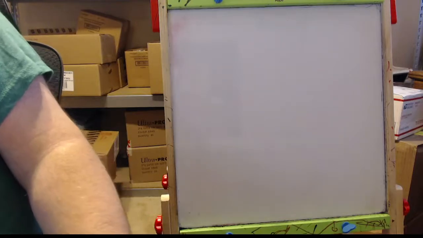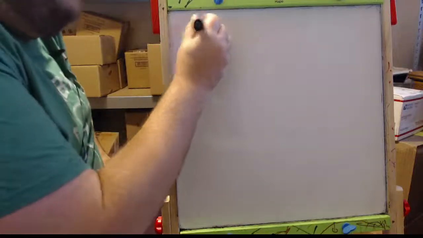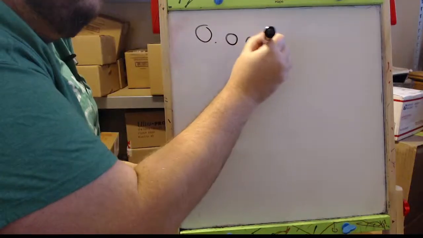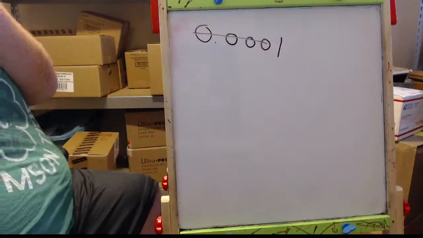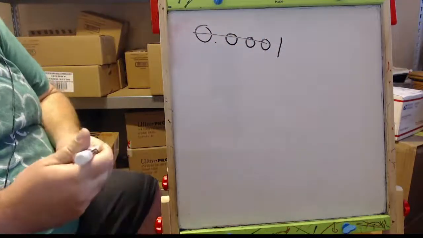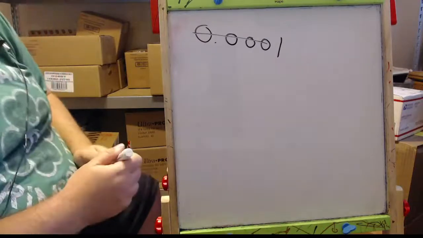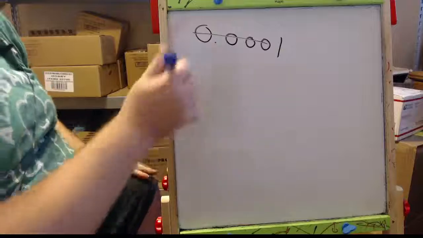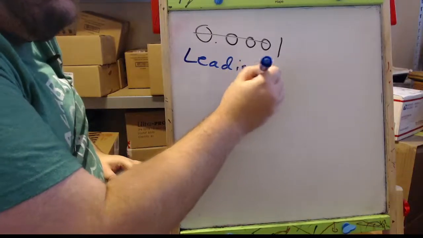When and why is 0 not a significant figure? Okay, good question. 0 is not a significant figure if it's a placeholder. So in a number like this, they're not significant because they're placeholders to get to where the number 1 is. In our case here, if they're leading zeros, they're never significant.